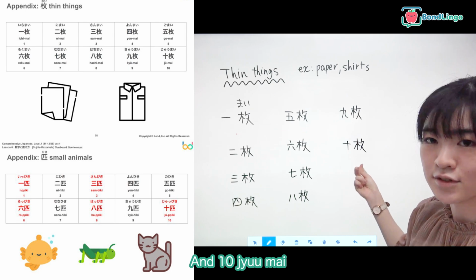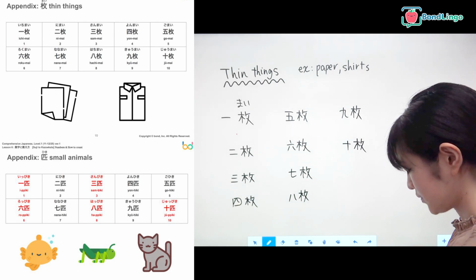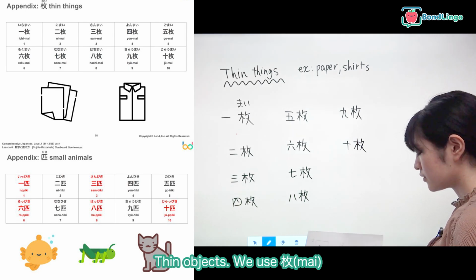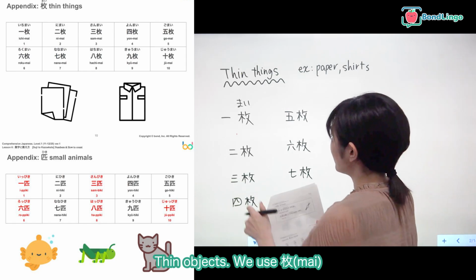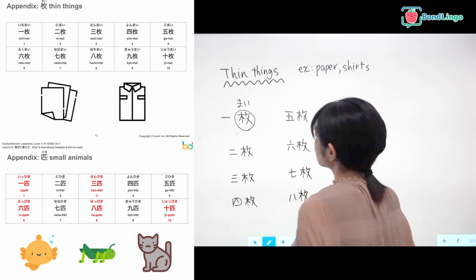And 10, 10枚. So when we're counting thin objects, we use mai.